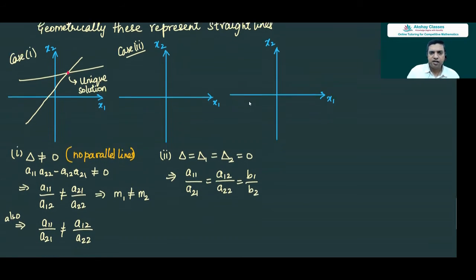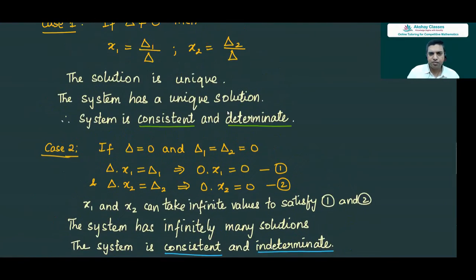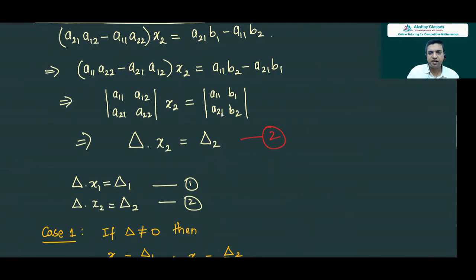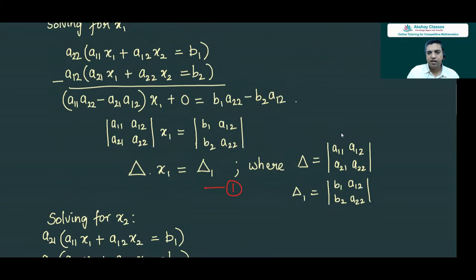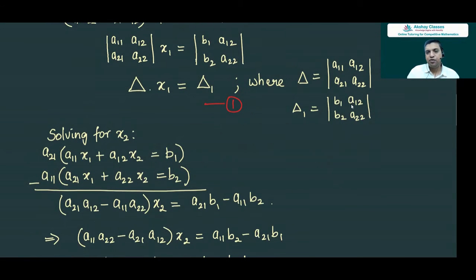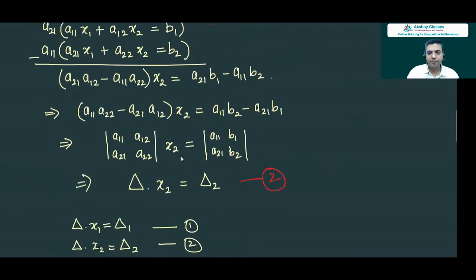How do I get this? Equate each of these determinants to 0. This is delta 2, equate to 0. So you get a11 into b2 is equal to a21 into b1. So a11 by a21 is equal to b1 by b2. Here we get a12 by a22 is equal to b1 by b2.